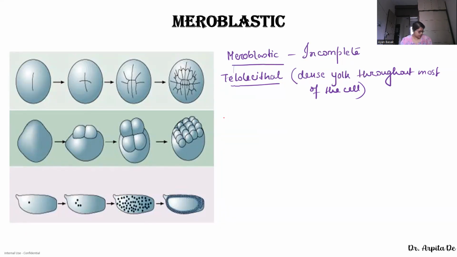All right. In this telolecithal egg, you have two types again, bilateral and discoidal. This one is your bilateral. This is your discoidal. Okay, bilateral and discoidal.